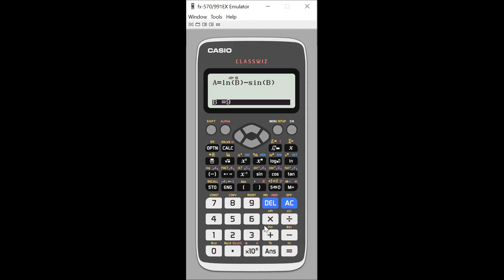Now I give the value as pi. How to give the value of pi? In the last row of your calculator, you have shift 10 to the power x. It gives you pi. I gave the value of pi, ln pi minus sine pi. Press equal, and the value of A is 1.089962.